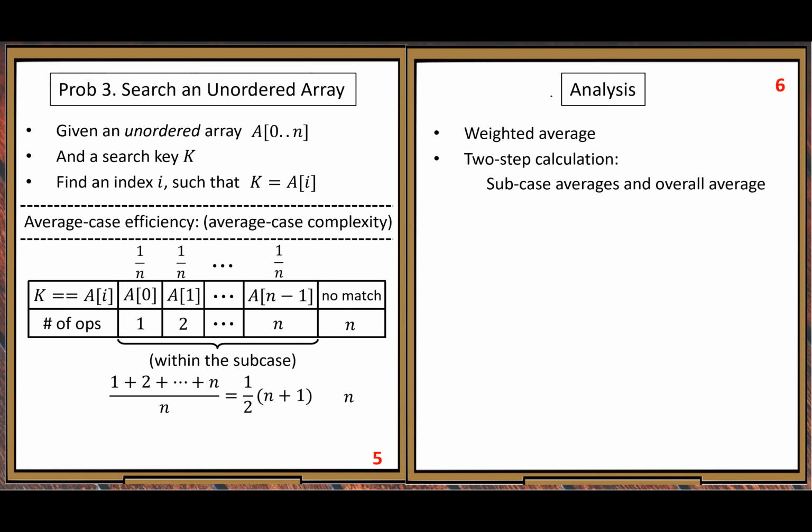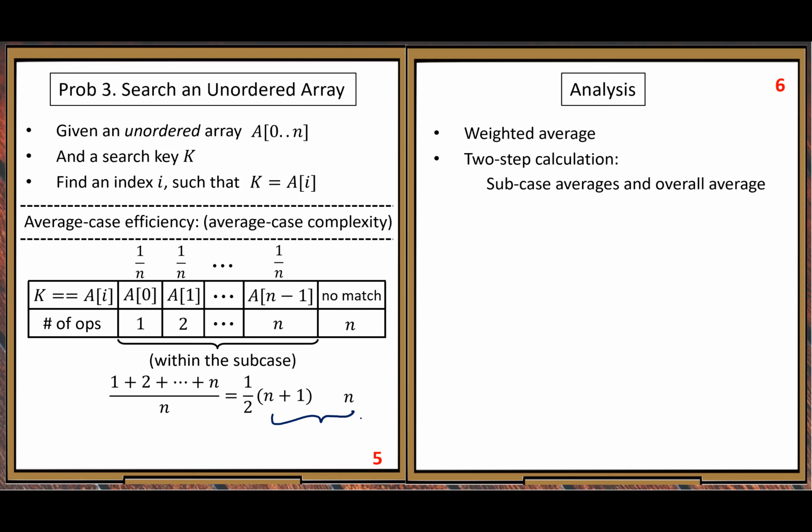But now, our last step, we need to consider another round of average between these two numbers. But we need to figure out their corresponding weights. The weights could be different.